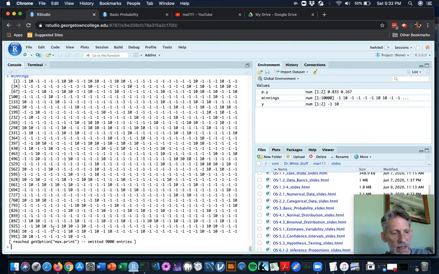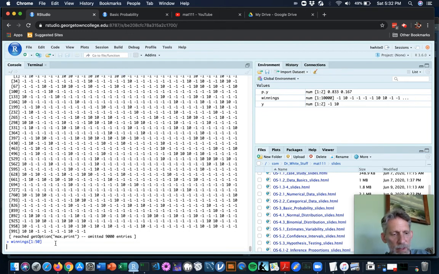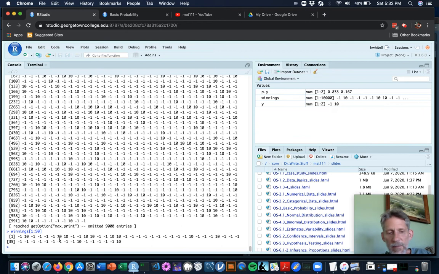Kind of looks a lot like last time. If I say winnings, open brackets, 1:50, close brackets, it'll give me the first 50. And so you can look at little bits of your long bunch of numbers in that way.